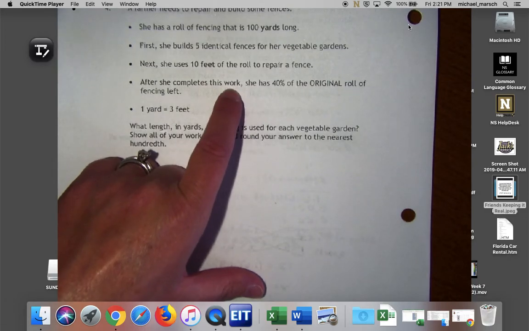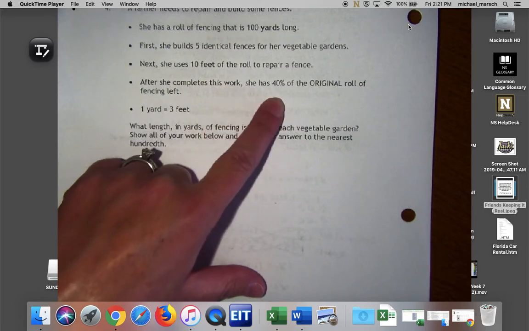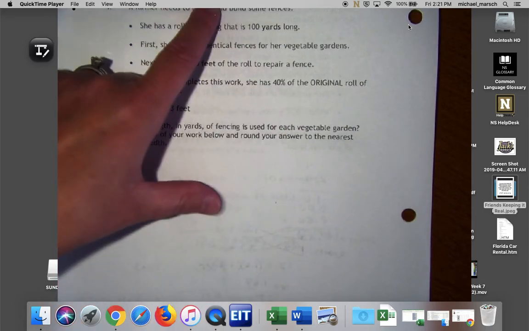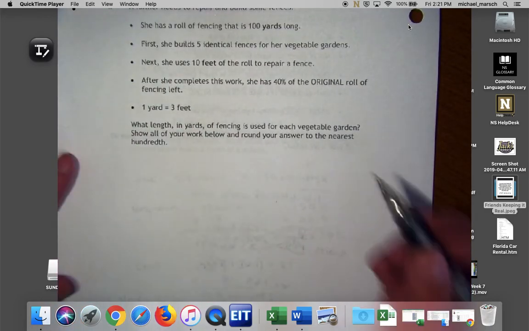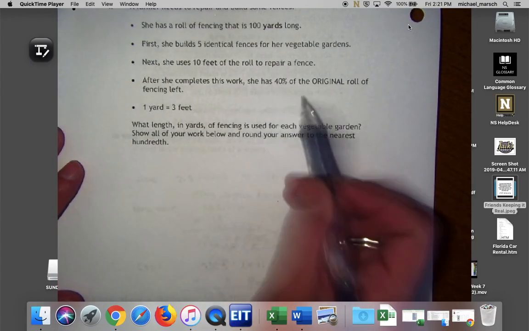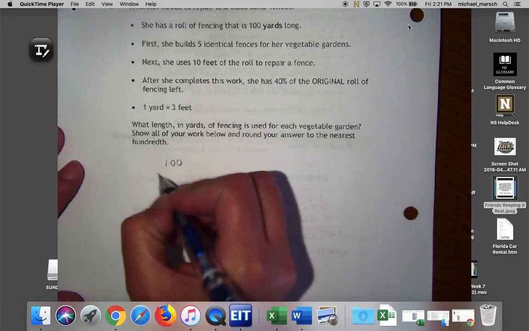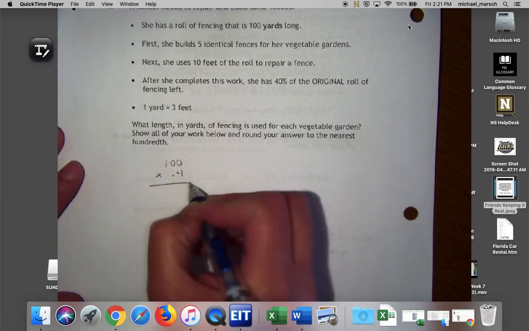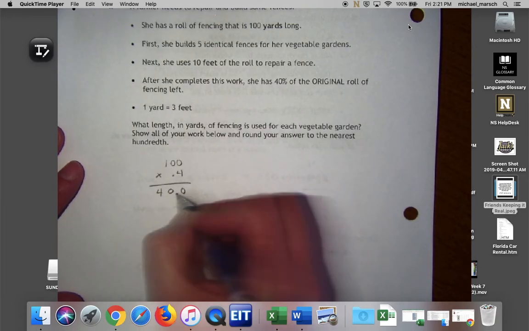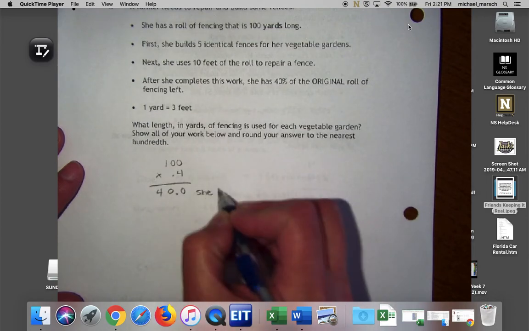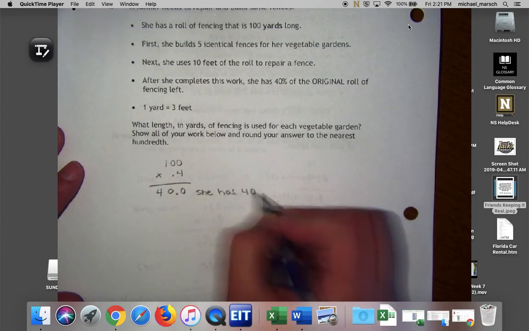We're going to find out how much she actually used. She has 40% left over. That means she used 60 yards. If she has 40 yards, 100 times 0.4, she has 40 yards left.